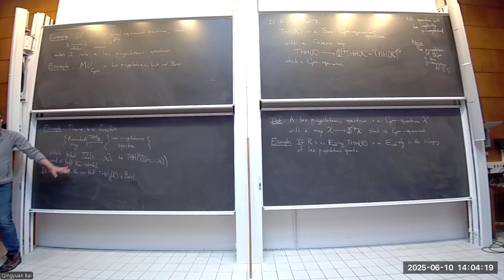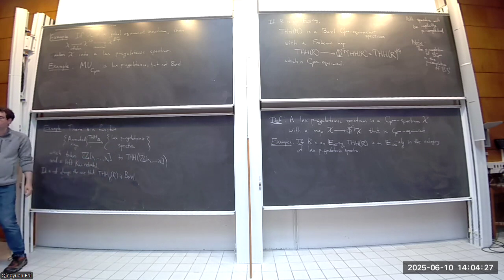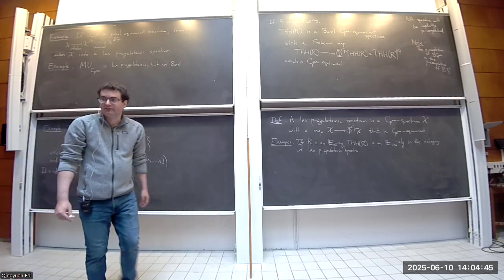We'll discuss this example in more detail in a moment, but of course, polynomial rings are sent to Borel things, and more generally, smooth things will be sent to Borel things. But if I take a quasi-syntomic thing, it need not necessarily map to something Borel, and something that's not even quasi-syntomic could have something that's very much not Borel be the output of this functor.